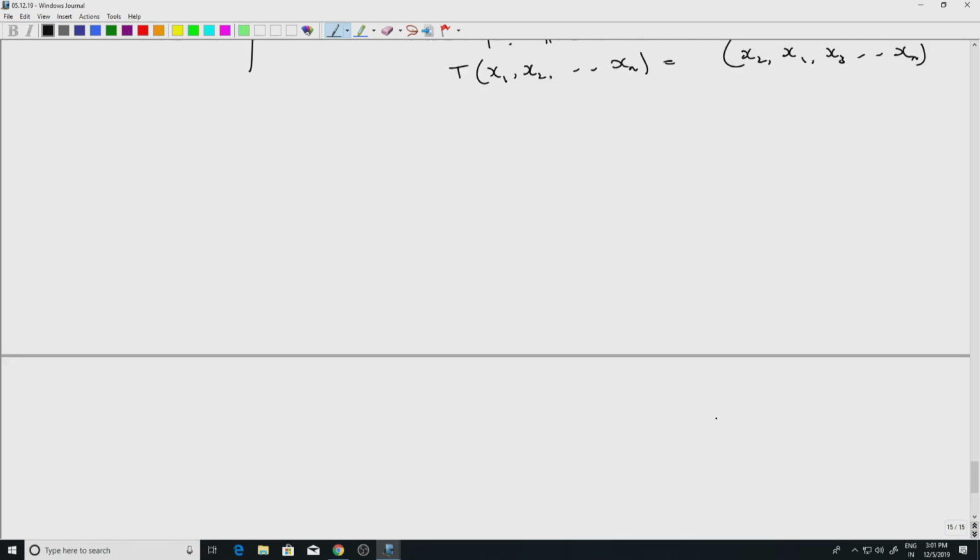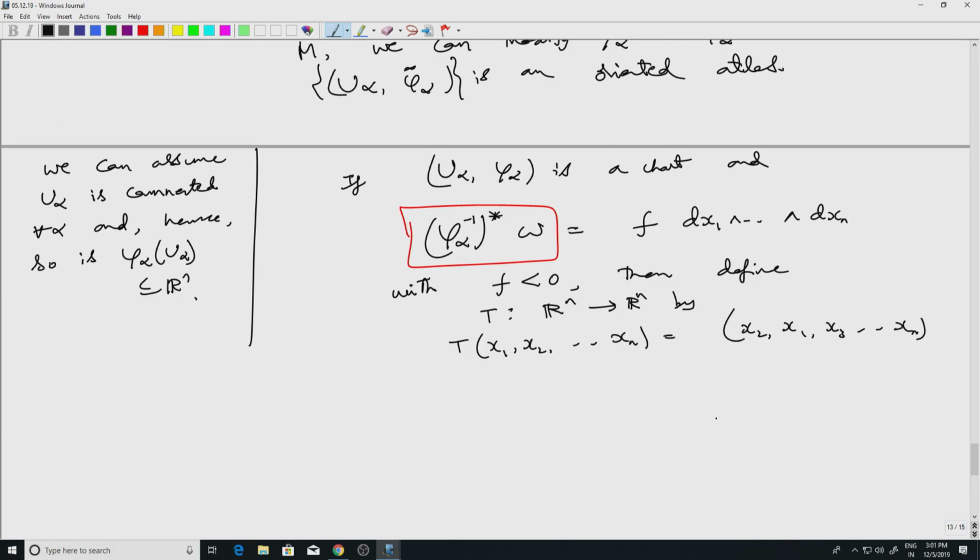This is a linear map, and therefore its derivative dT is just itself: dT of c1, c2, cn is c2, c1, cn.